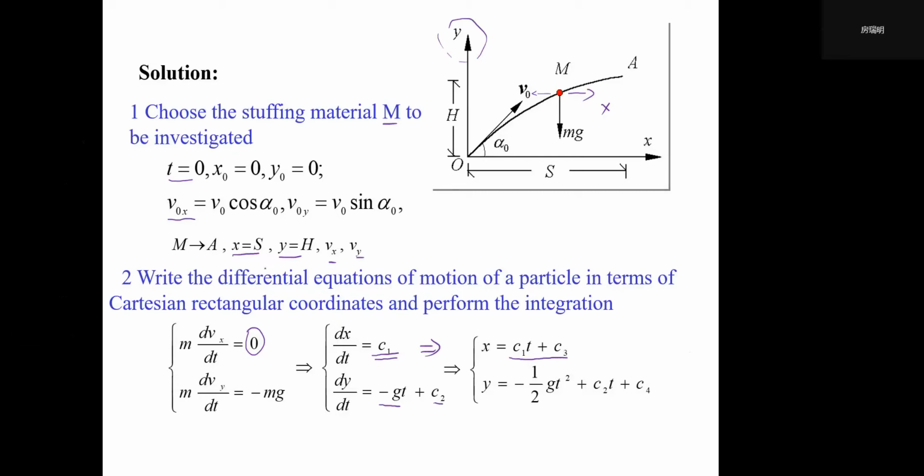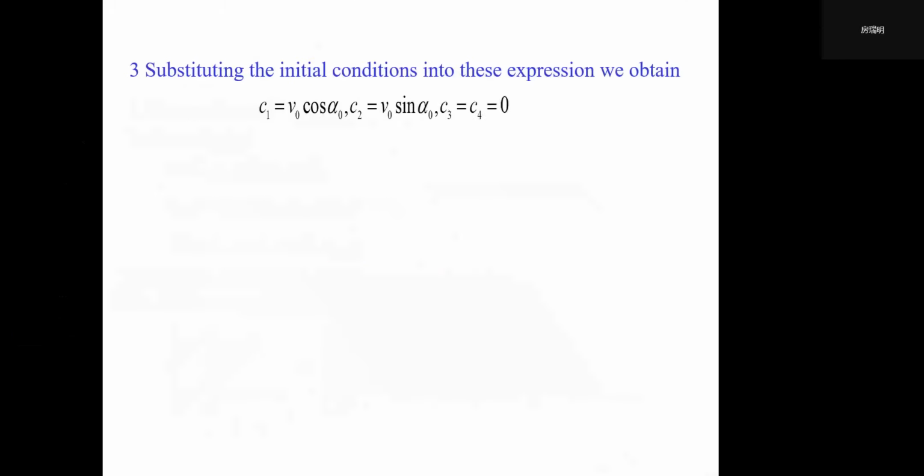Then we can find this and this. So when t equals 0, we have x0, y0. When t equals t, we have this and this, this and this. Then we can use all this information to find C1, C3, C2, and C4, right? That's how we find its final result.